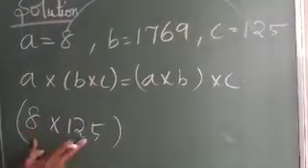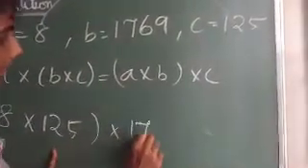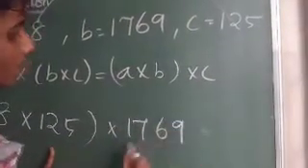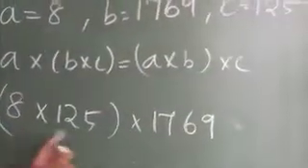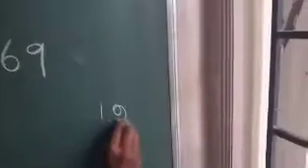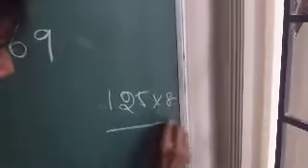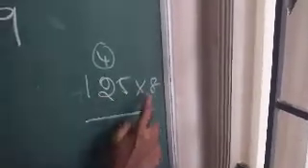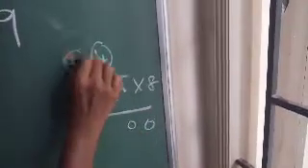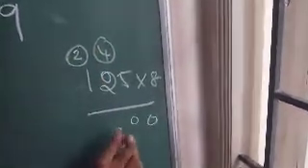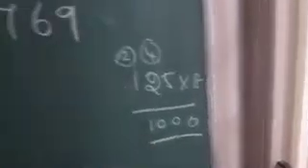So 125 into 8: 5 8s are 40, 0 carry over 4, 2 8s are 16, 16 plus 4 is 20, 1 8 is 8, 8 plus 2 is 10. So you are getting 1000.